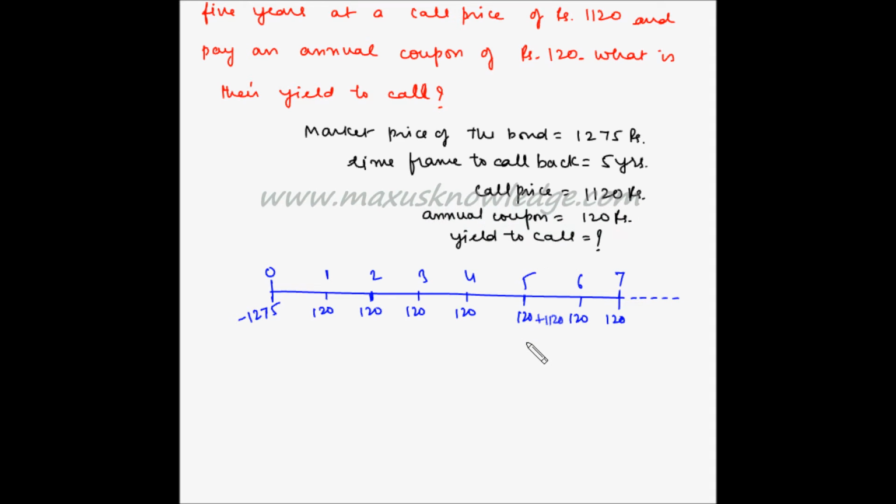Now the rate of return will be the rate at which the present value of the bond becomes equal to the present value of the cash flows, that is the interest and the call price. So let's say this is the current price of the bond represented by B0. Now we have to equate this B0 with the present value of the cash flows.